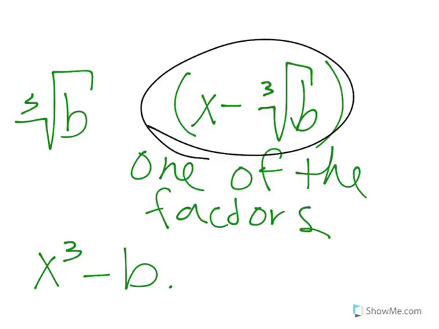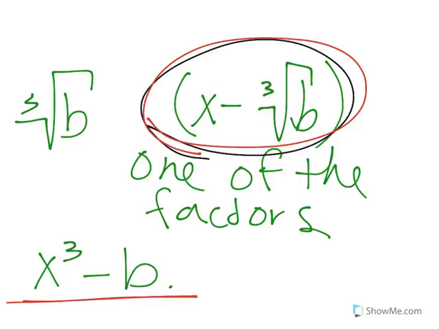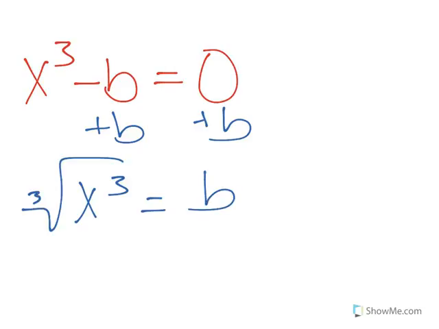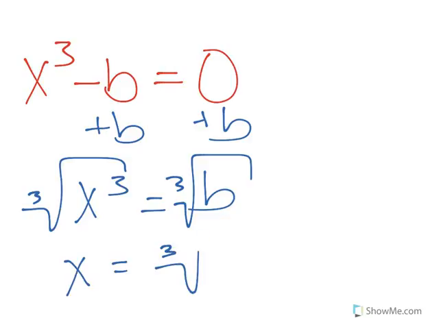However, you might wonder, how do we know that this is true? That if we have this equation, one of the factors must be x minus the cube root of b. Well, this is true because if you have x cubed minus b, to find its zero, you can just add b to both sides. You get x cubed is equal to b, and then take the cube root of both sides, and you're left with x is equal to the cube root of b.